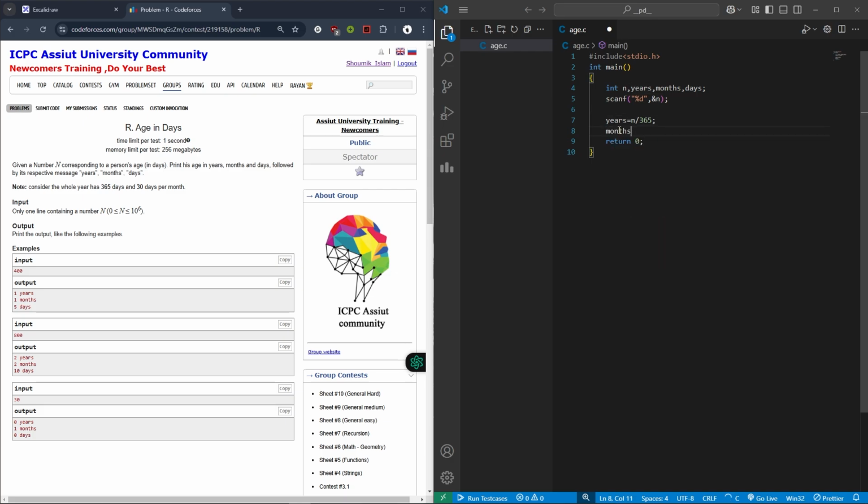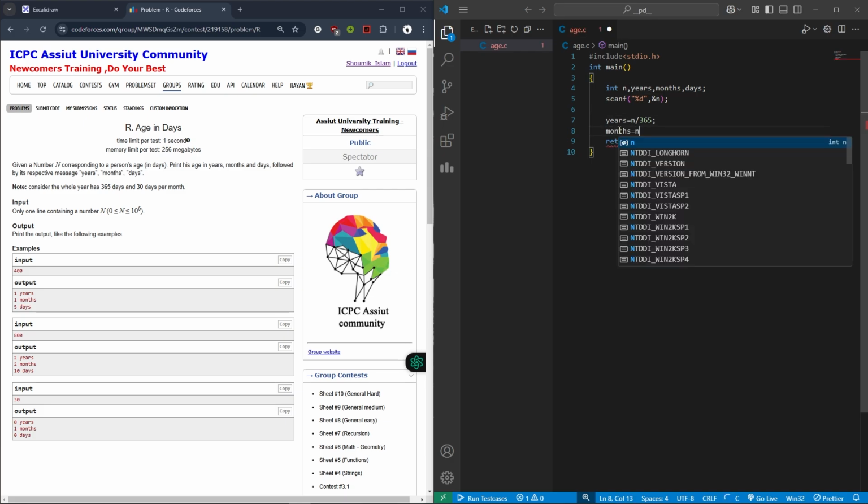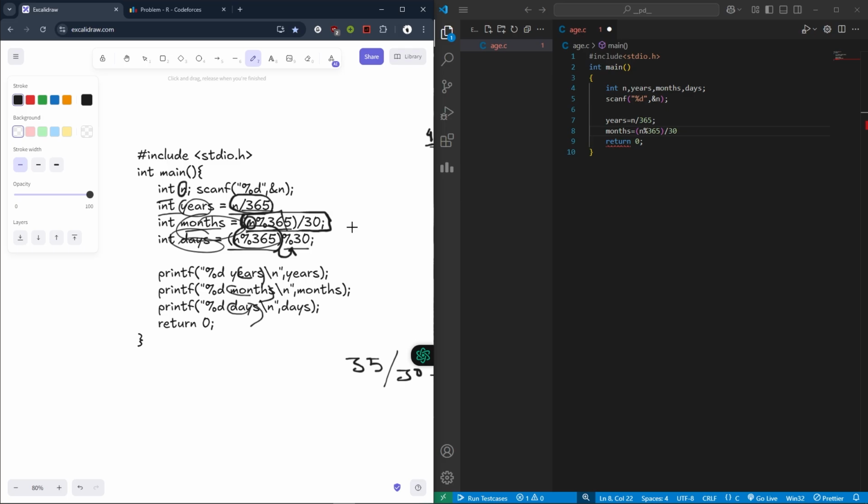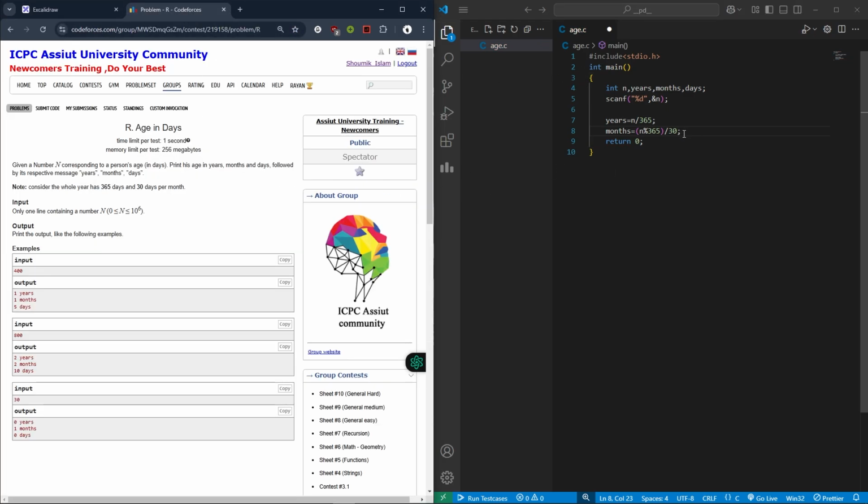Months equals n mod 365, which means how many days are left after calculating years, and divide that by 30. That gets us the month.